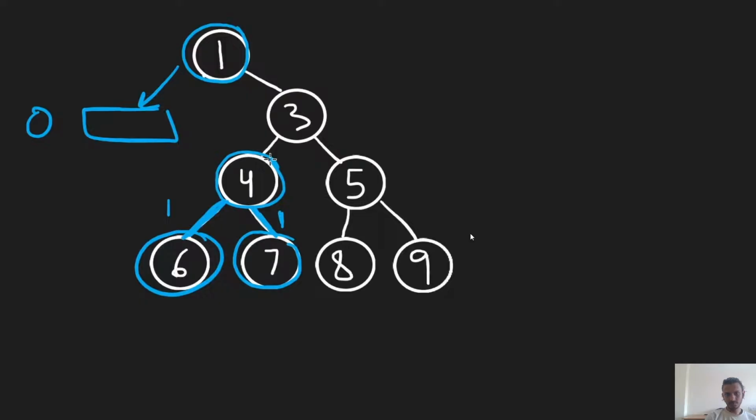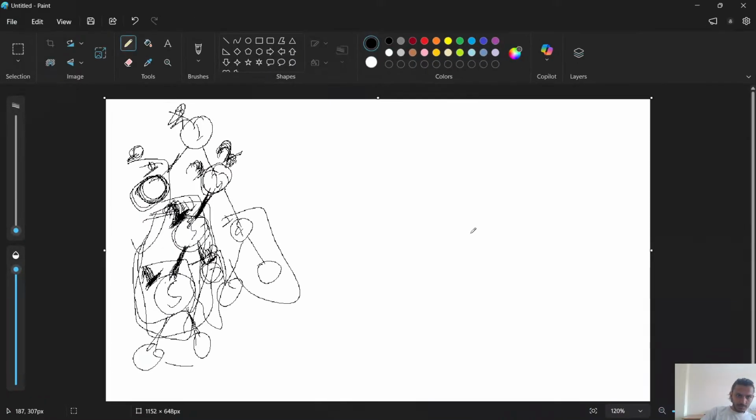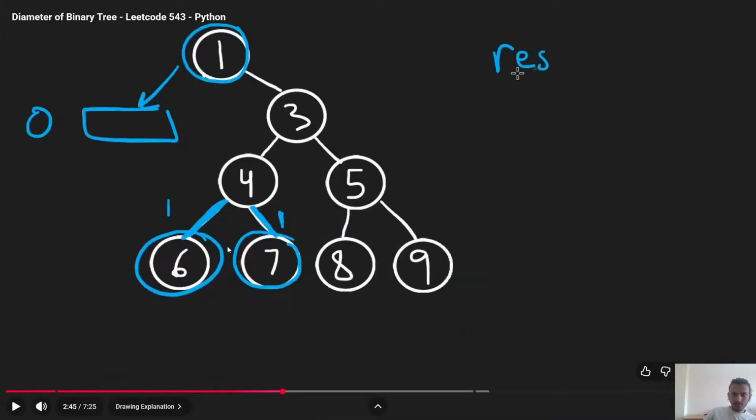So now when we want to compute the diameter from here, we're going to maintain a global variable, which I'll call the result, or res for short.